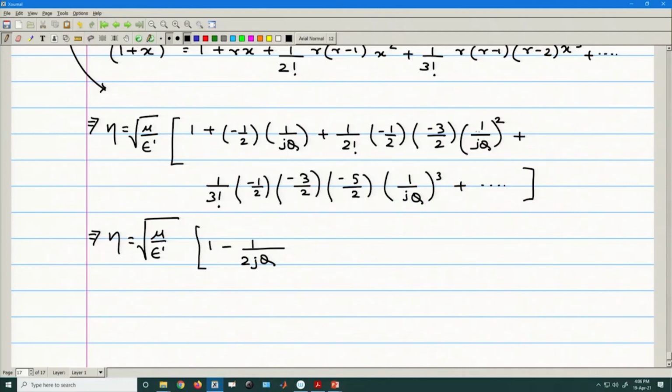Okay, 3 by 8, and again minus minus, and then we will have this as minus, so minus 3 by 8 q square. Okay, the fourth one will be again 3 factorial is 6, so 6 times 2 is 12, 15 by 48, okay, 1 by jq cube.